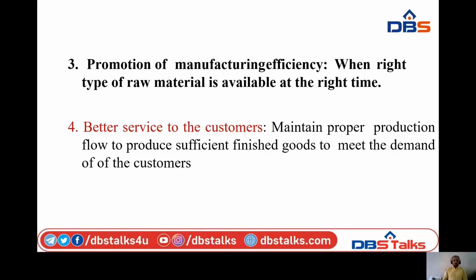Maintain proper production flow to produce sufficient finished goods to meet the customer demand. So to satisfy the customer, we need to give the demanded products. For that, the demanded products are to be delivered in time. Then for in time, we need to maintain the availability of raw material at the right time. So these are all called interlinked components.